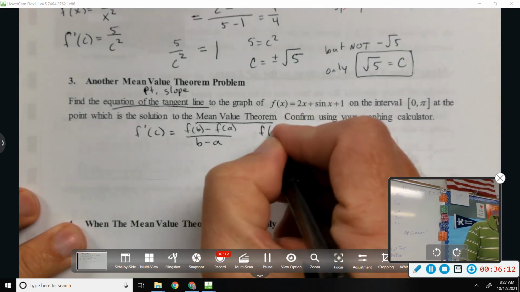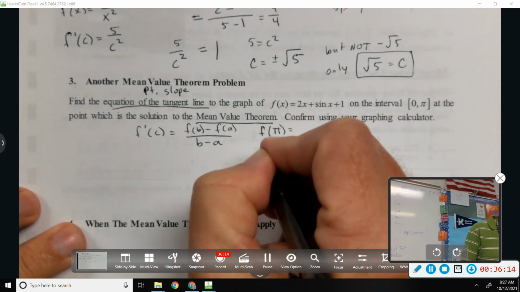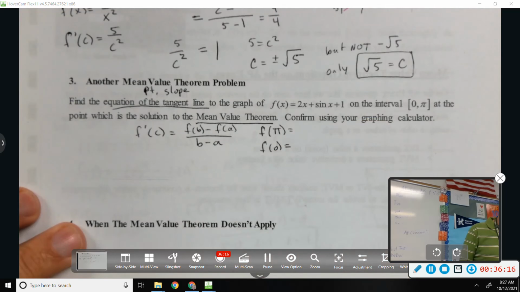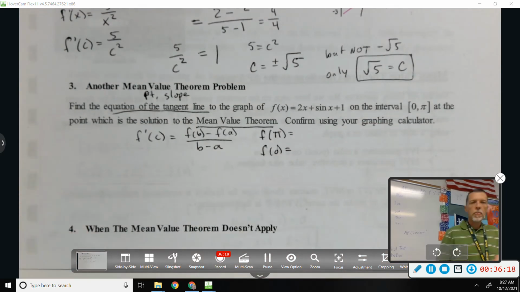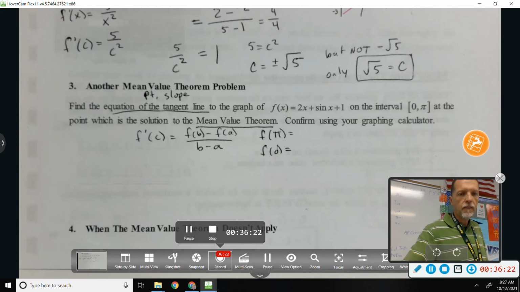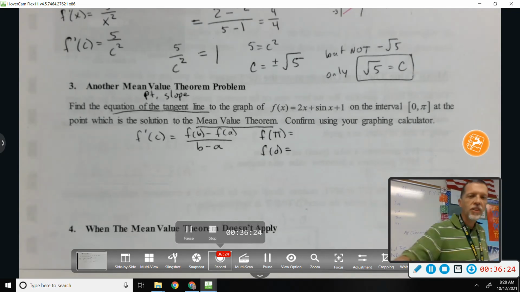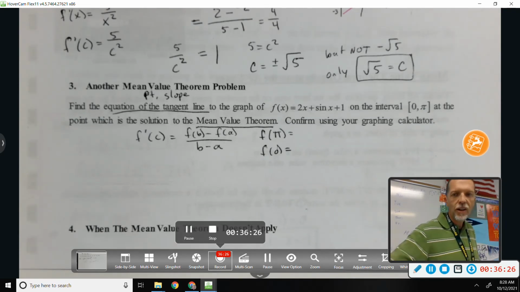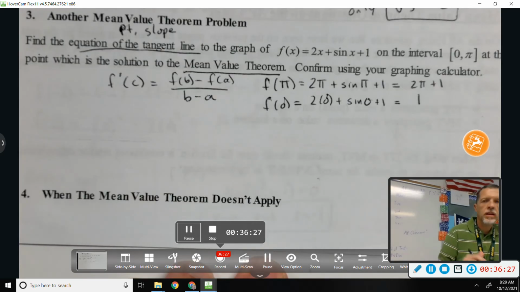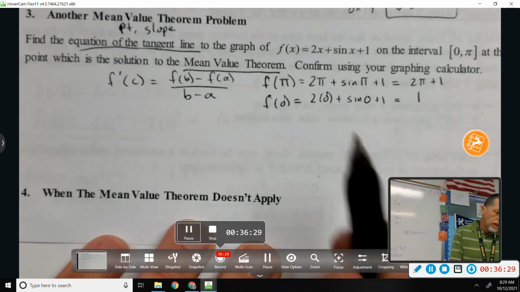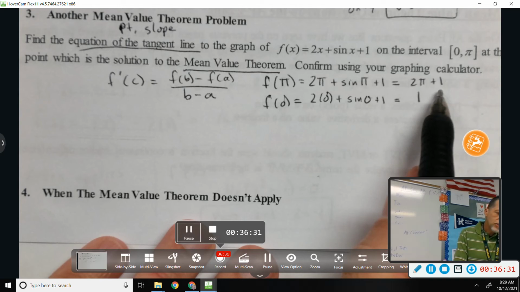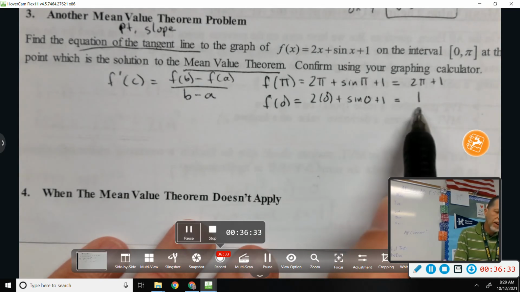So I need f of pi, I need f of 0. That will tell me the algebra slope. I'm going to pause for a second and let you find that algebra slope. So f of pi is kind of ugly, 2 pi plus 1. F of 0 works out nice.